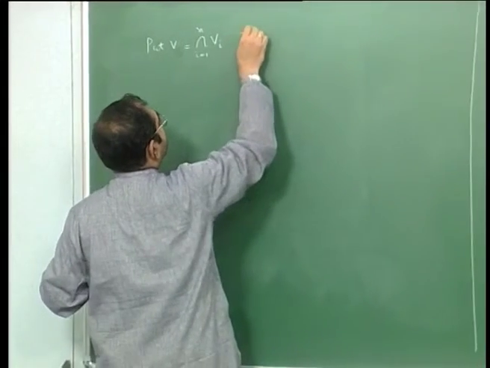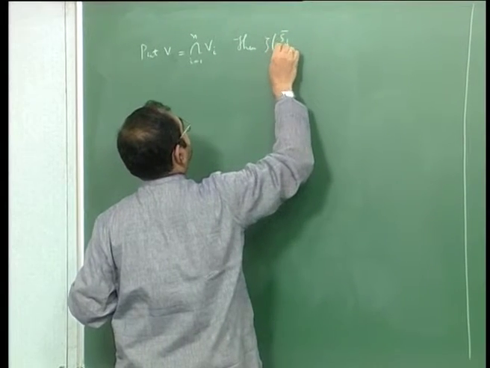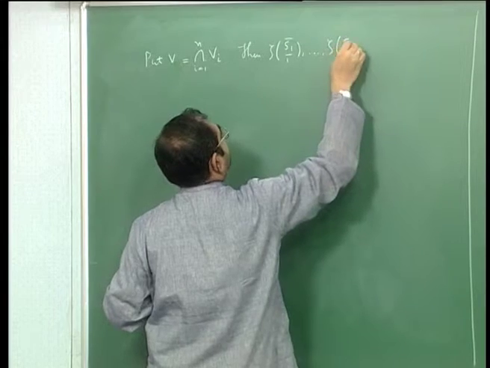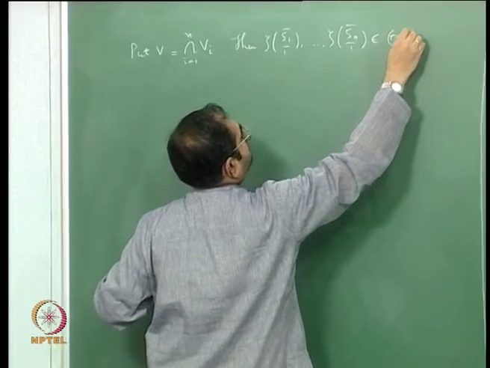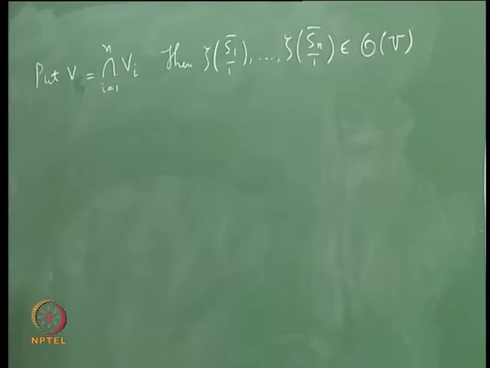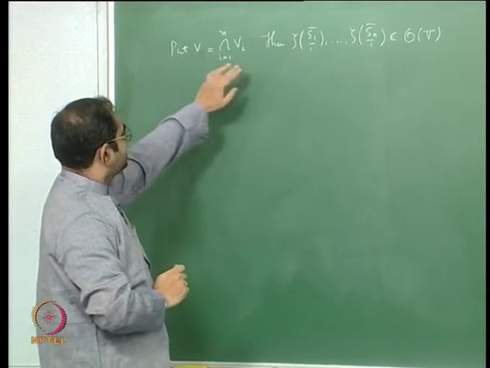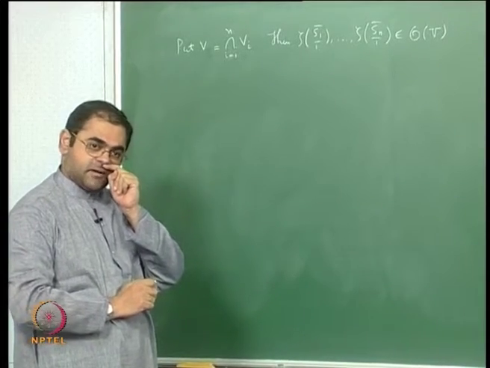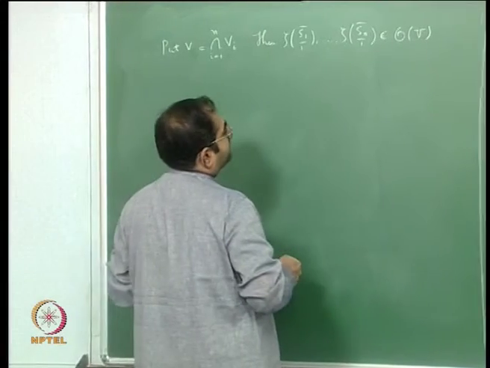Then you see that zeta of S1 bar by 1 and so on, zeta of Sn bar by 1, they are all in O of V, they are all regular functions on V, because each one is regular on Vi and all of them put together are going to be regular on V.